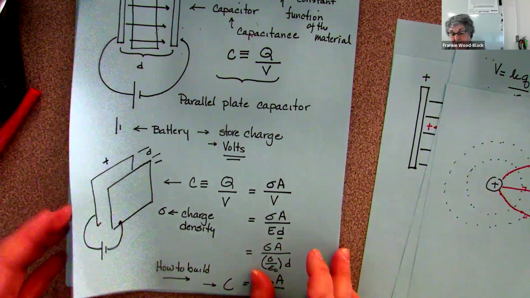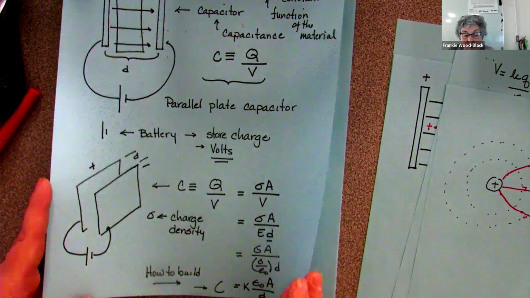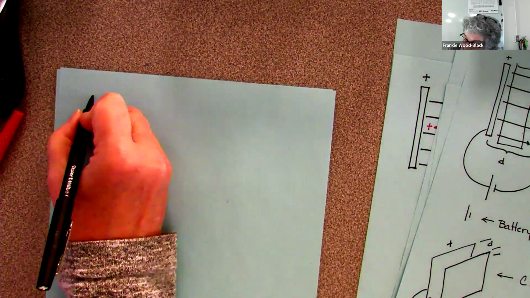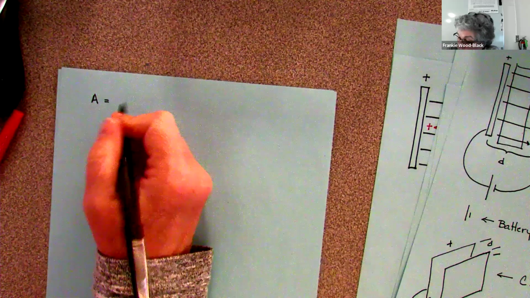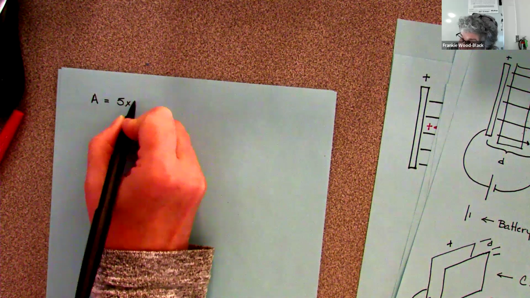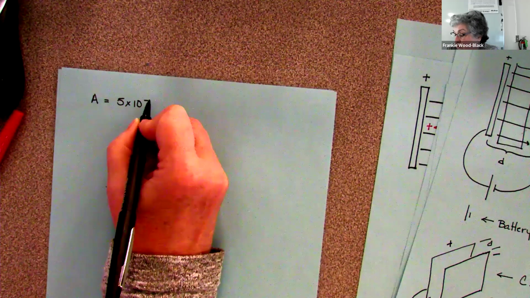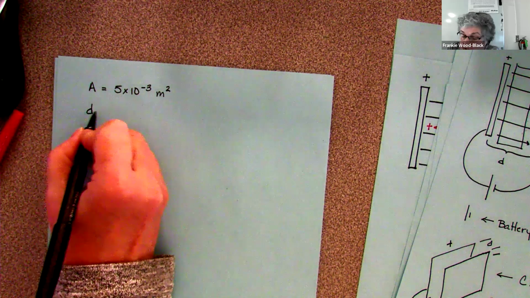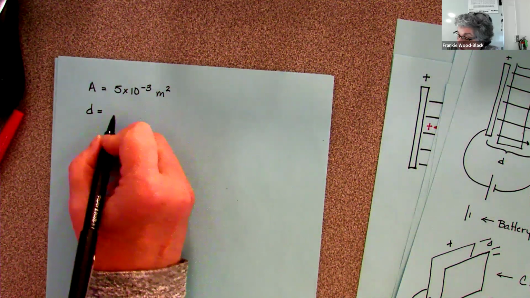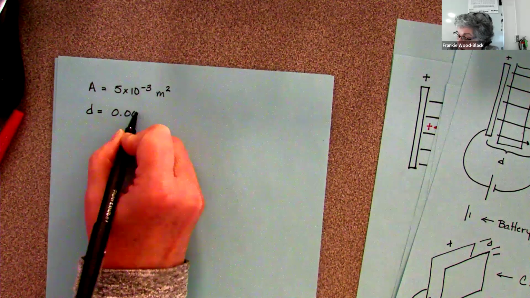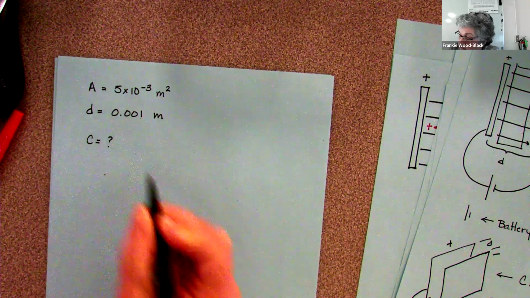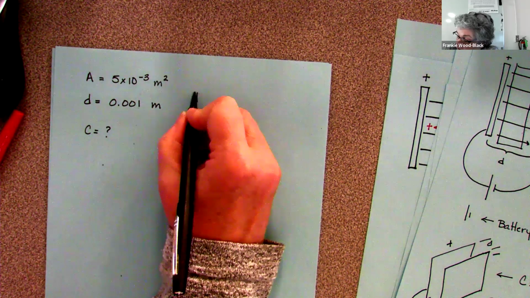So for example, we want to figure out the capacitance on a parallel plate capacitor. We're given that the area is equal to 5 times 10 to the minus 3 meters squared. We've got a separation of 0.001 meters. We want to calculate the capacitance, and this is a parallel plate capacitor in air.